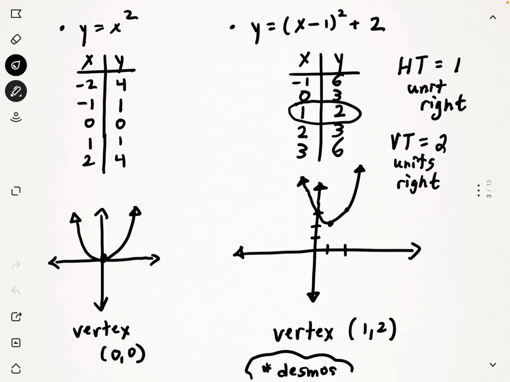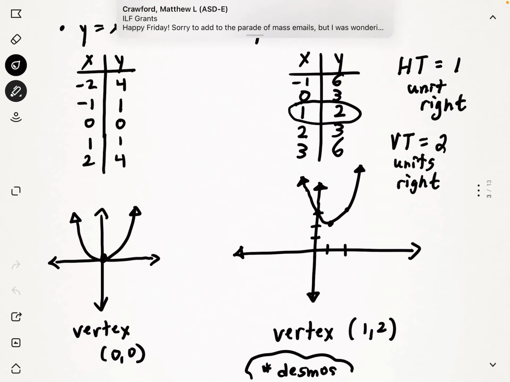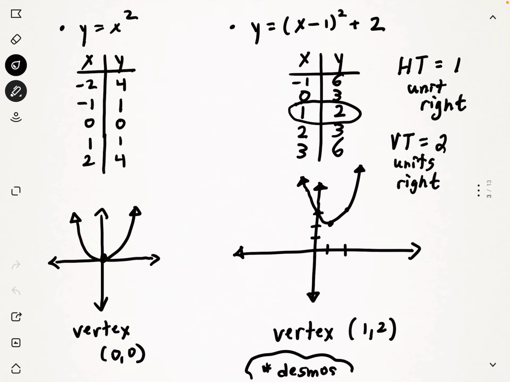But you never really thought about this in terms of translations, and that's exactly what's happening here. To create the parabola on the right from the parabola on the left, you move it 1 unit to the right, that comes from the x minus 1, and you move it up 2 units. So it now has a vertex of 1, 2. You can consider that to be translations. So we have a horizontal translation.